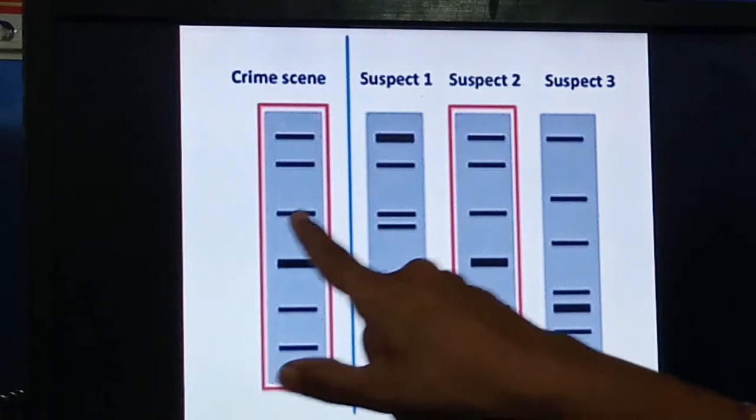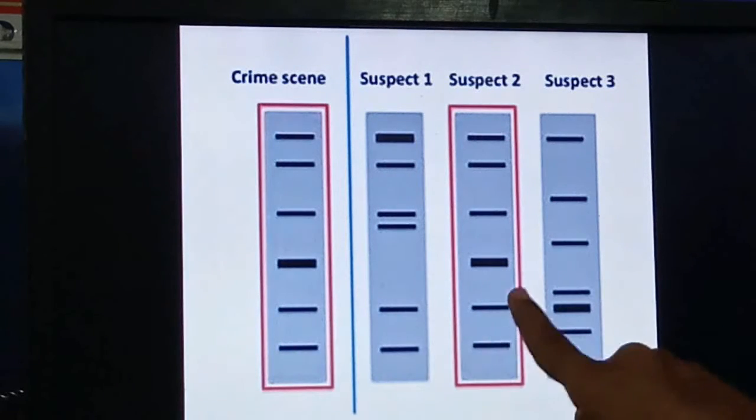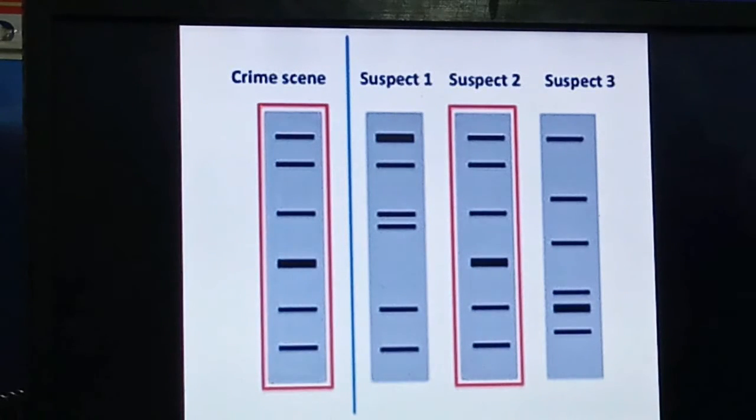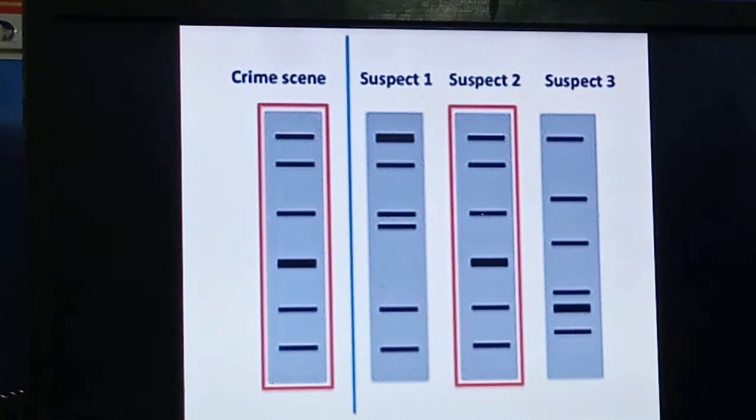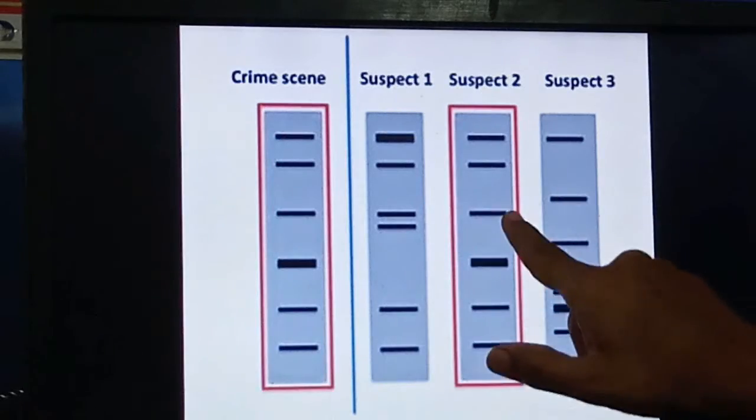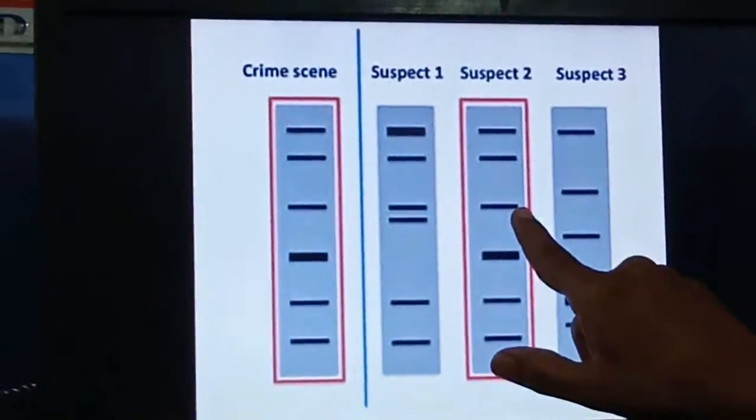Suspect 2 is exactly matching with this DNA fingerprint pattern. So you can say that suspect 2 was present at that crime scene and he is the criminal. So in this way DNA fingerprinting is used for this also. So this is what DNA fingerprinting is.